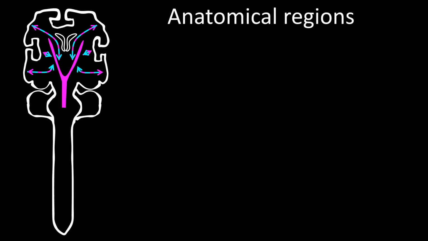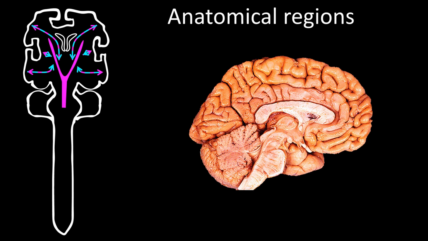This is the model that you have been seeing during this presentation. In it, you see here represented the ascending reticular activating system and its wide connection with the cerebral cortex. I have now added a sagittal cut of the brain.